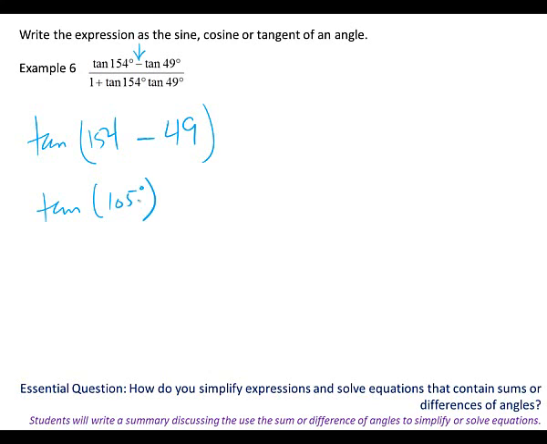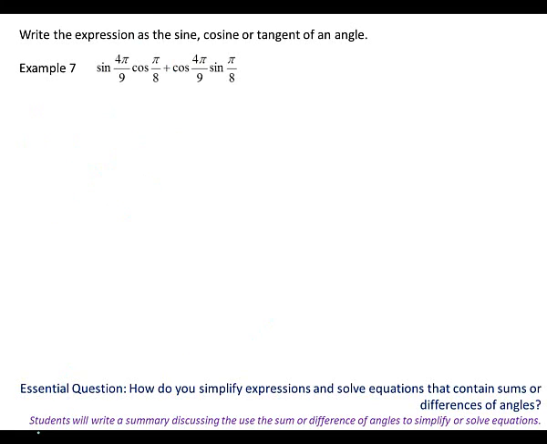All right. Looking at example 7. Okay, a little bit uglier, because we've got radian measure. Is that one sine, cosine, or tangent? Sine again, good. Sine, and what operational symbol am I going to put in the middle? Plus, I get to keep it, right? All right, and then I'm going to plop in 4 pi over 9 and pi over 8.